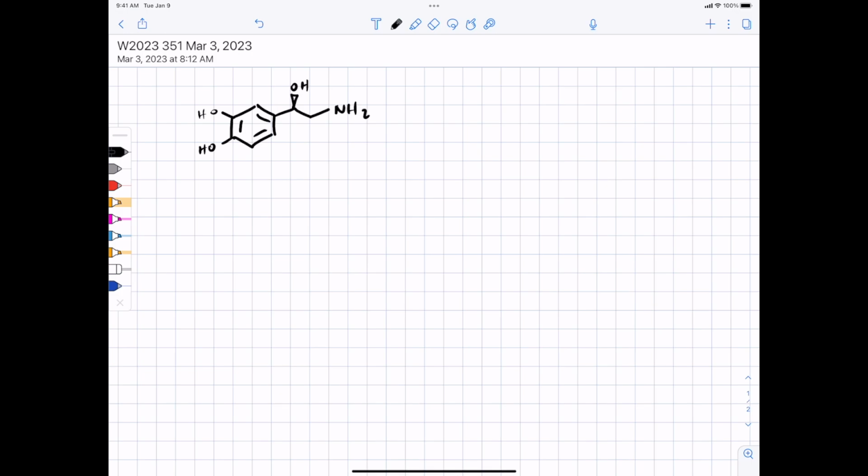Okay, this is noradrenaline, and it is modified biologically in an SN2 substitution reaction to put a methyl group on the nitrogen, and then it becomes adrenaline.